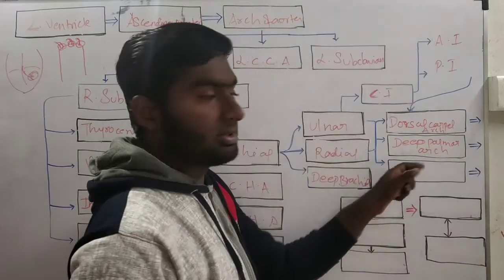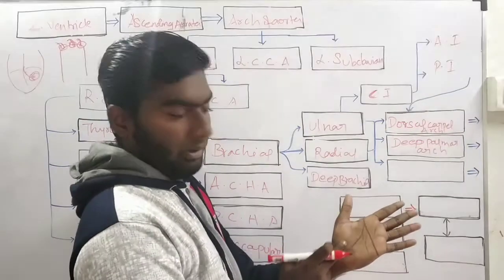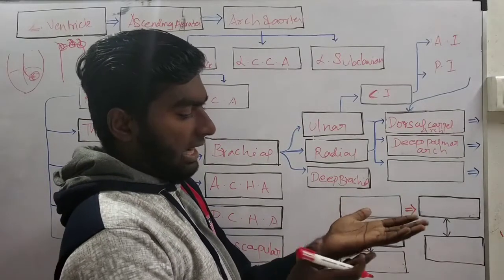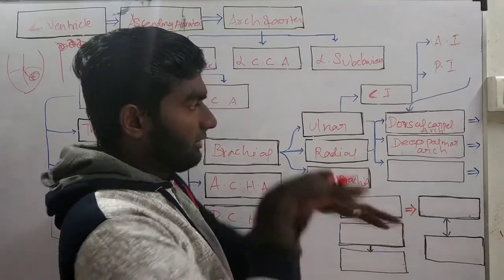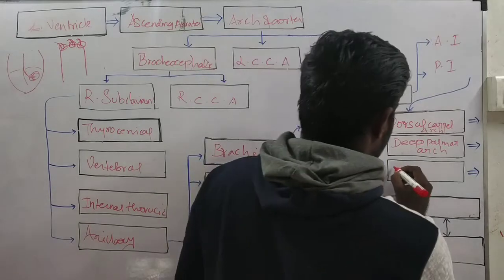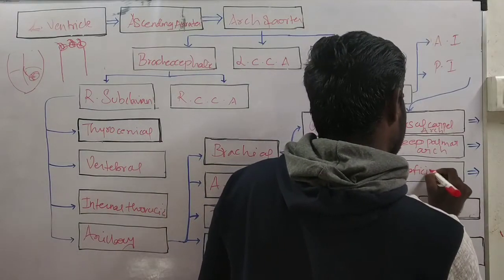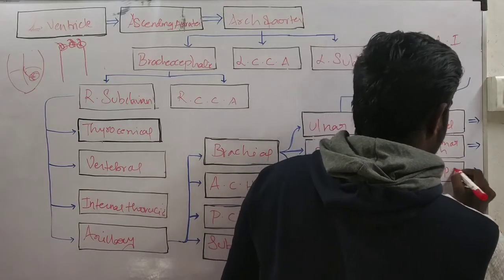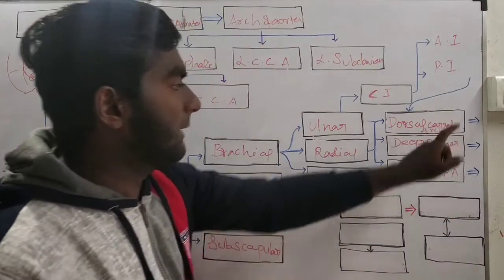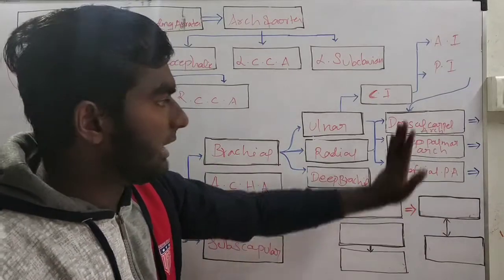Next, it gives the superficial palmar arch, which is the superficial one of the hand. The deep palmar arch is deep. If this is the superficial palmar arch, this is the deep palmar arch.